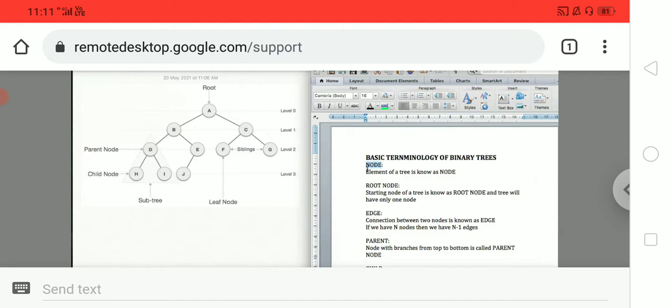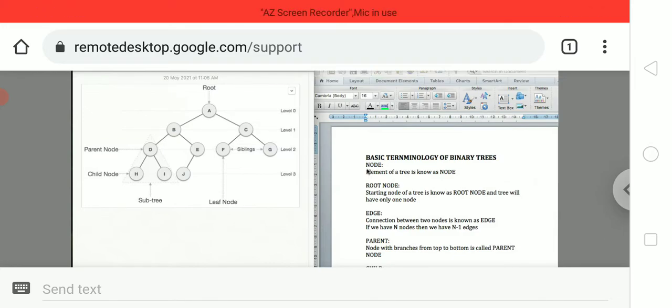An element of a tree is known as a node. In this example you can see A, B, D, E, H. These are called nodes in trees.